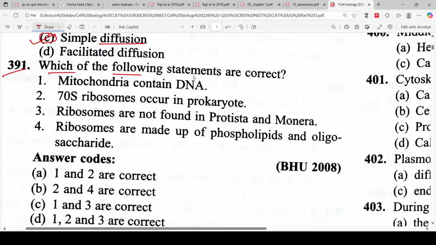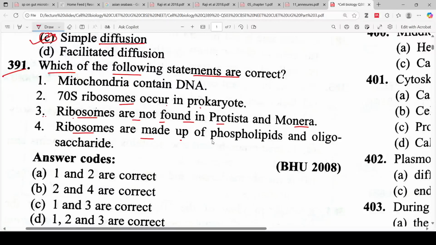Next question. Which of the following statements are correct? Option A, mitochondria contains DNA. The statements are given: 70S ribosomes occur in prokaryote. Statement 3, ribosomes are not found in protista and monera.